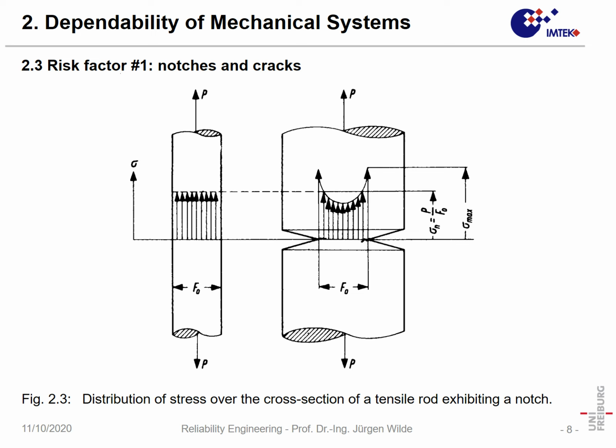In brittle materials, we have a real singularity, so the stress goes up very high, and the increase of stress is the higher, the longer this crack or notch is. So that's this length here, and the sharper the tip is. That is important.